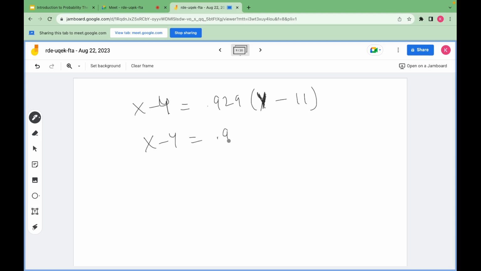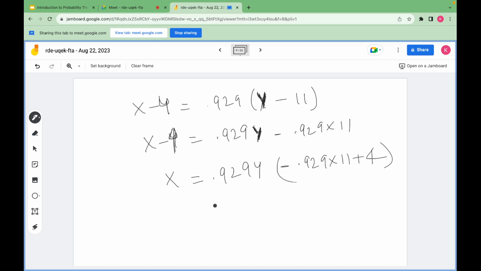So x equals 0.929 y minus 0.929 into 11 plus 4. This value comes out to be 6.21.